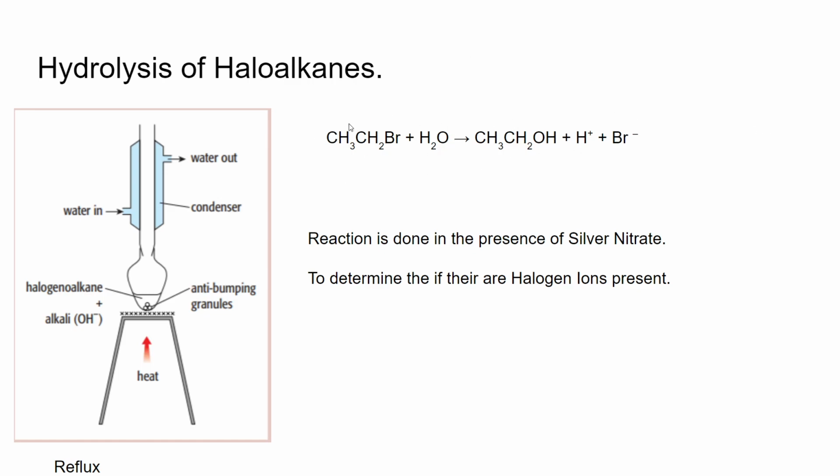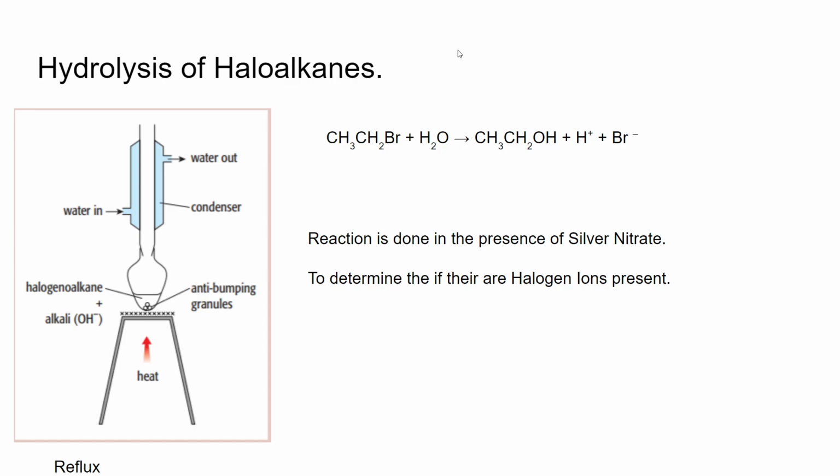This reaction here with the hydrolysis of haloalkanes is going to end up being very similar to the addition of sodium hydroxide. The reason that it's going to end up being the same is because you have to remember that H2O is essentially HOH, so it's still a hydroxide ion that's going there.